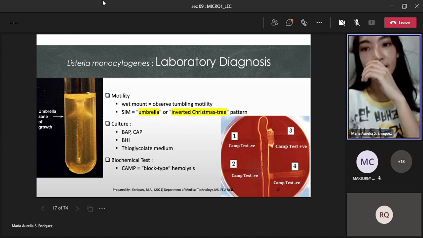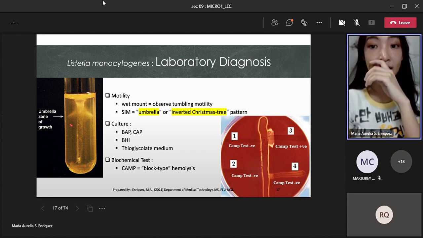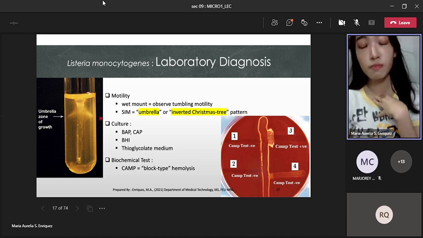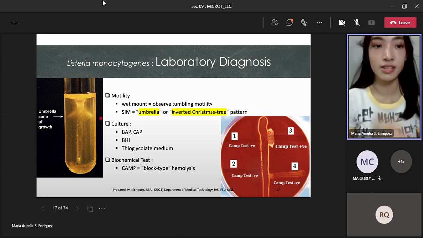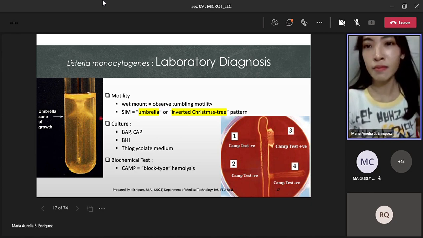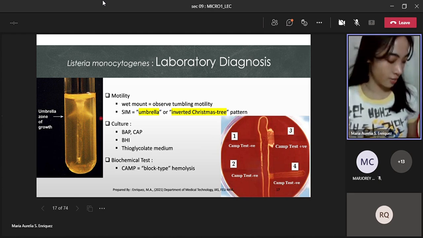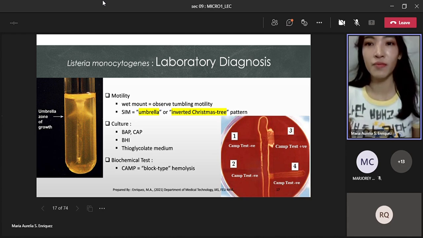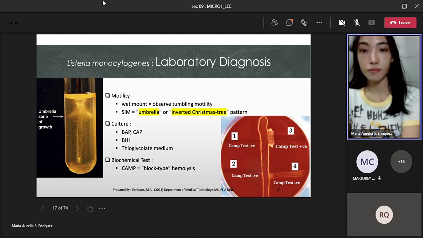So with this culture media, they would produce a characteristic umbrella pattern. Okay, so this is usually seen if the organism has been incubated at temperatures of 22 to 25 degrees Celsius. Okay, so kapag nakita nyo po, sinabi that the organism was able to produce an umbrella-shaped motility, ayan po, dapat maisip nyo na agad is Listeria monocytogenes.